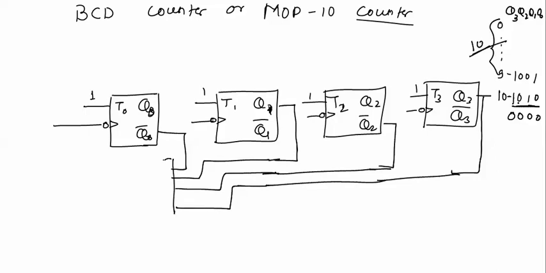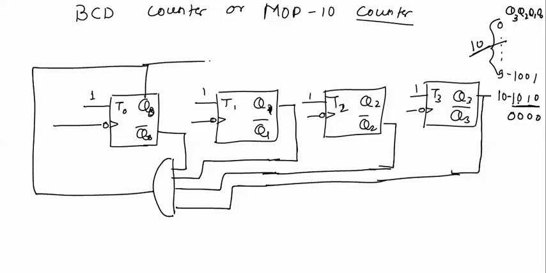And all these will be passed through an AND gate, and applied to the reset input of the flip-flops, and the design will be similar. In this way, this counter will be resetted whenever the count is 1010. So this is a mod 10 or BCD counter.